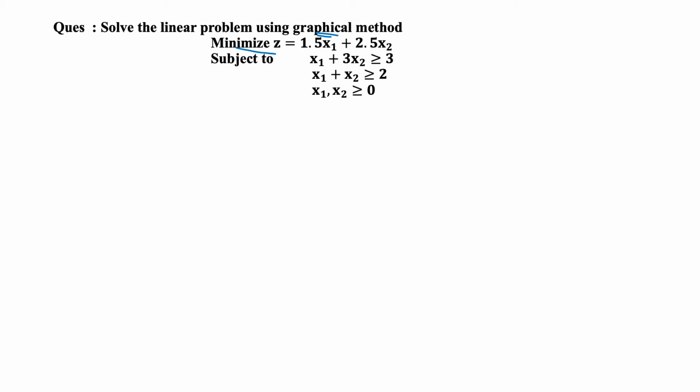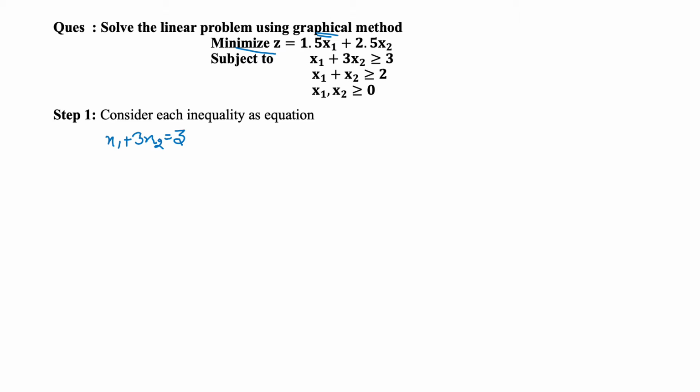So for both maximization and minimization, the first important step is to convert all the constraint inequalities into equations. Okay, so my first equation is x1 plus 3x2 equals 3.